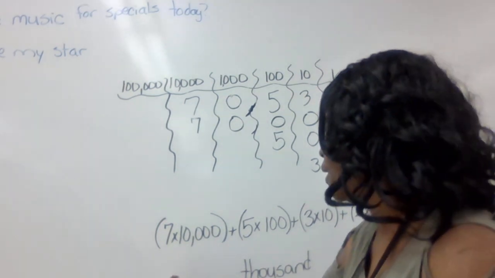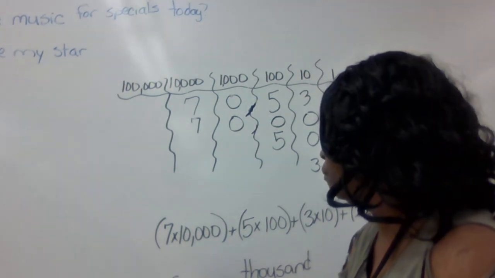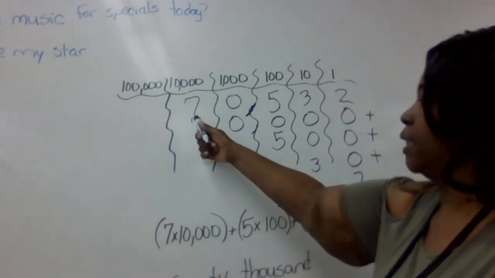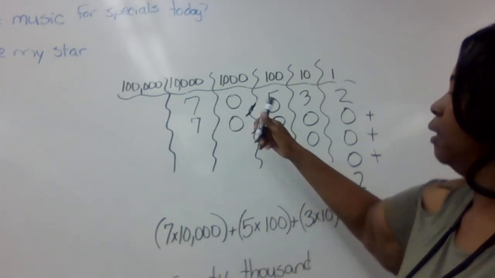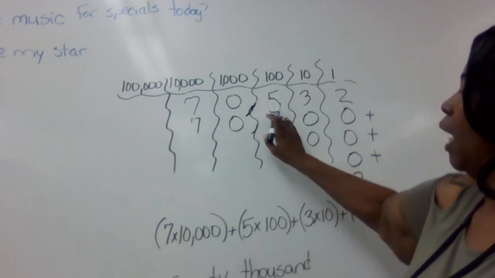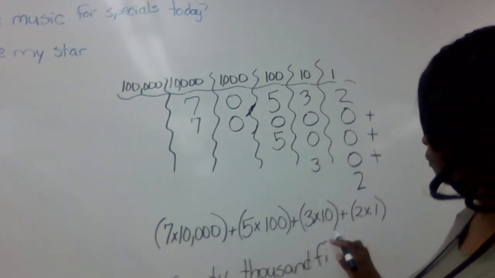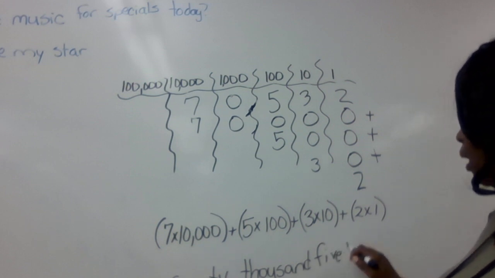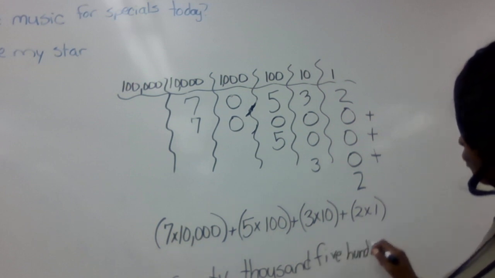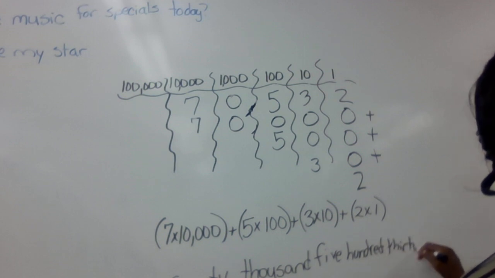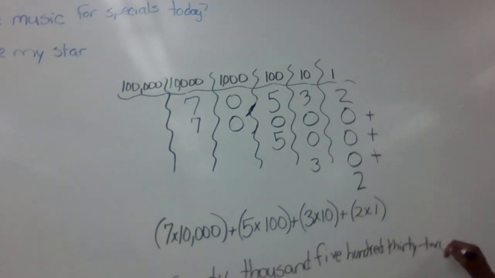So we're going to write 70. Thousand is already there. So that's 70,000. Now what does it say? 532. So I'm going to write 532. And I've just written the word form.